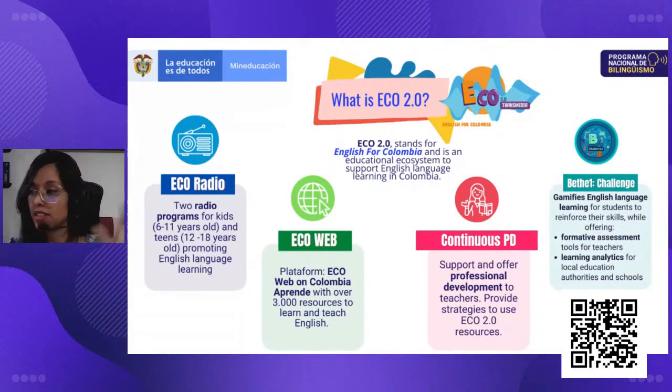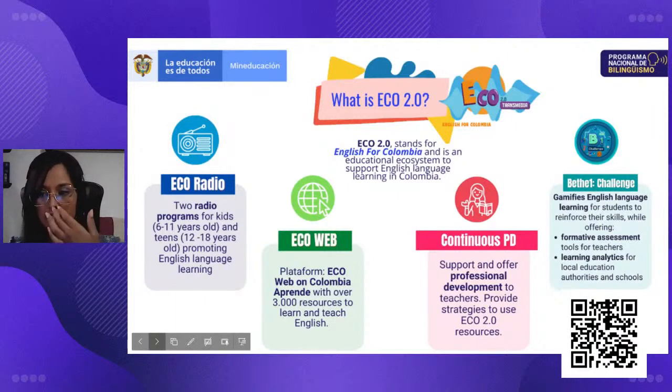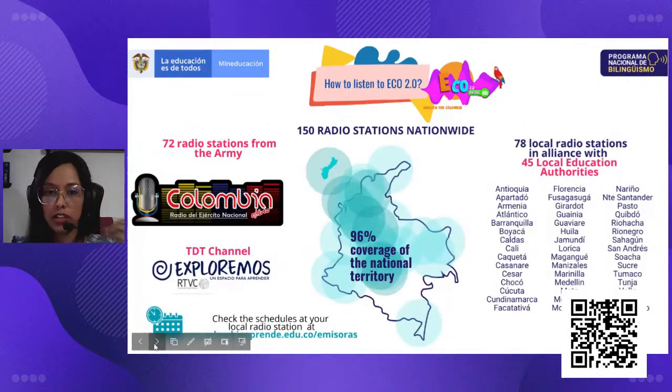So there we have some ideas of how you can connect with students that have low connectivity and are in rural areas in Colombia. Remember, check your local radio stations. The link is at the bottom. Check those stations to see if we can find other ways to connect with our students, even without connectivity.